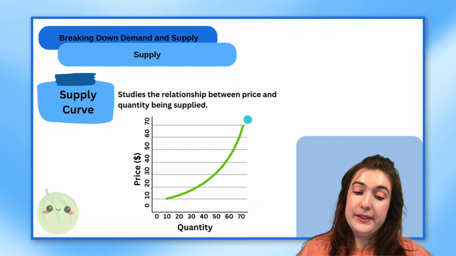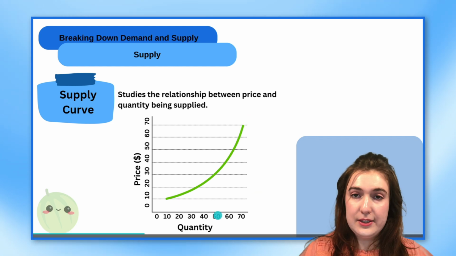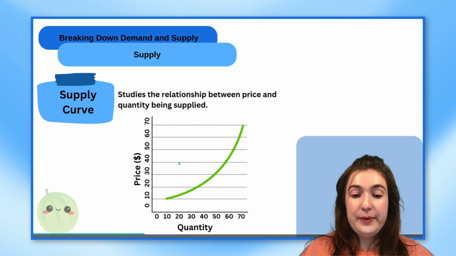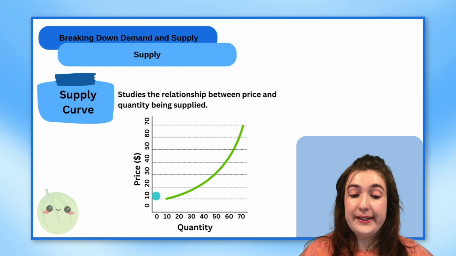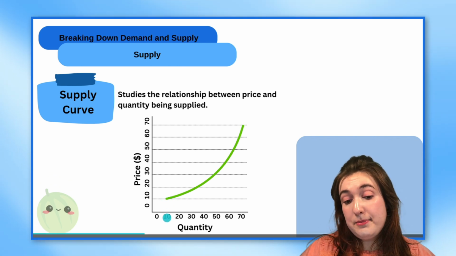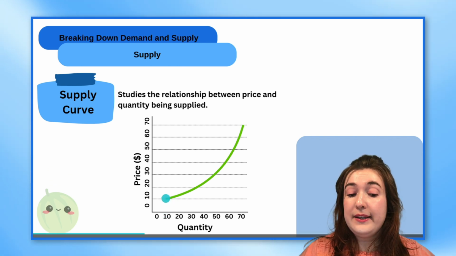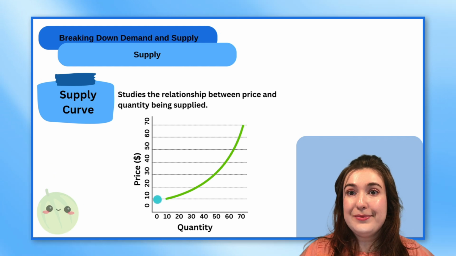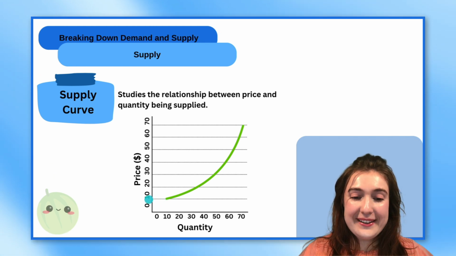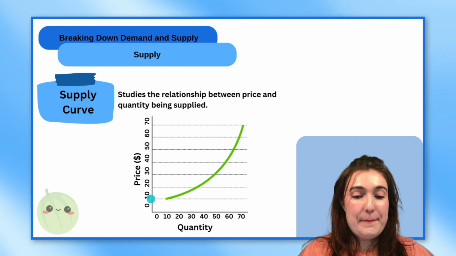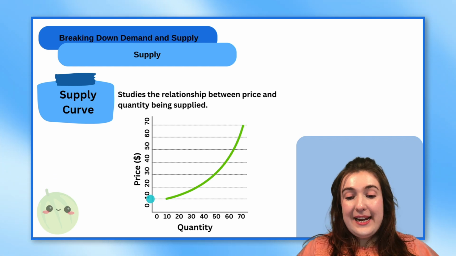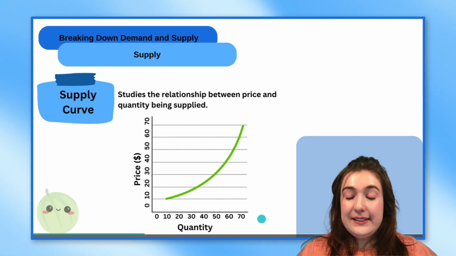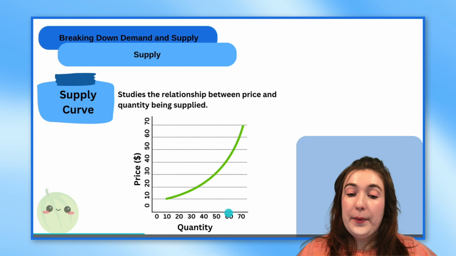And what we're saying here is, for instance, let's look back at our blueberries. If we were selling 10 blueberries, quantity-wise, we, as a supplier, are willing to give those 10 blueberries at $10. But let's say now that we want to sell 60 of our blueberries.